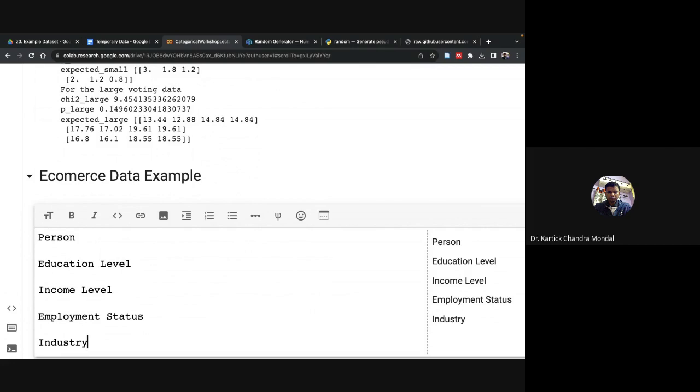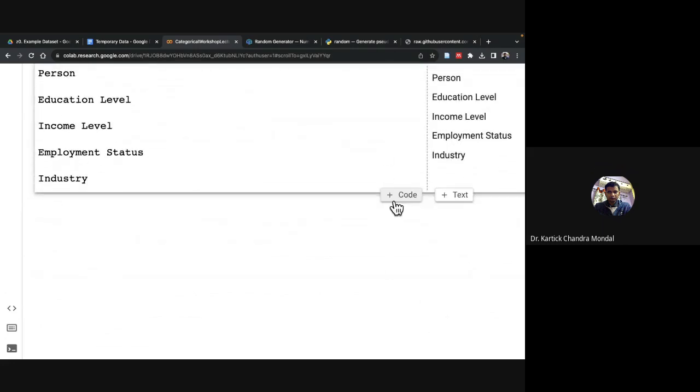Okay, and we will generate randomly all these things. So let's go one by one.